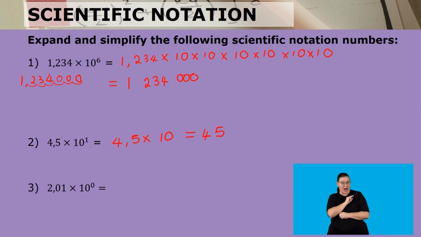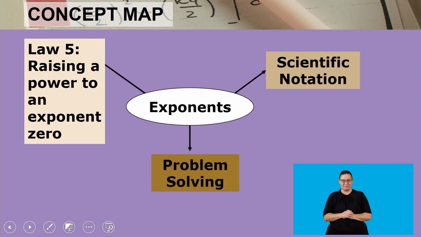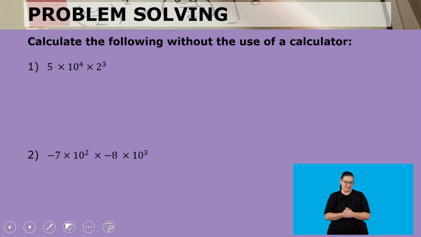And because we know our exponent laws, we know that 10 to the exponent 0 is equal to 1. So this is 2,01 multiplied by 1. And according to our properties of 1, we know that that is going to be 2,01.